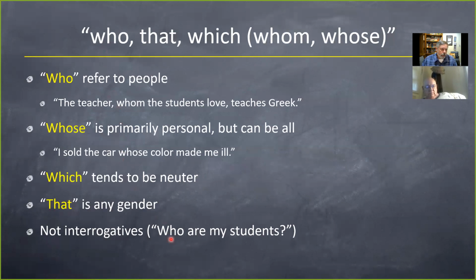That's a different word. That's the interrogative pronoun tis with the accent mark on it. So this is not interrogative, but in English we use who to refer to people, who loves him, as a relative pronoun. But we also use who in an interrogative way.